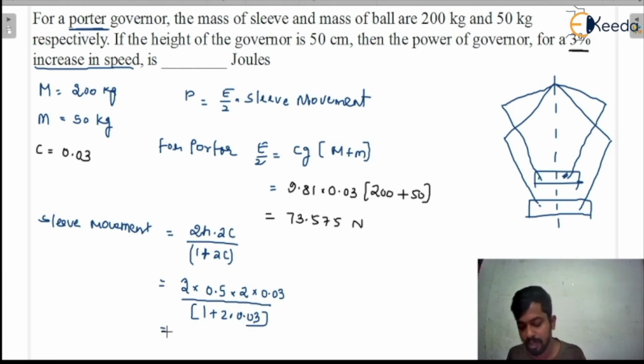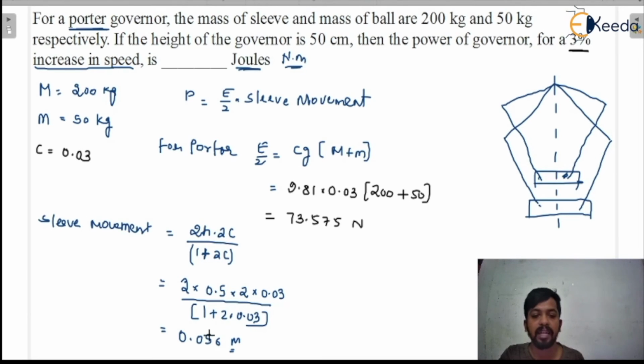Using a calculator, 2 multiplied by 0.5 multiplied by 2 multiplied by 0.03 upon that, you will get the value 0.056. This is in meter, because we have to calculate the power of the governor in terms of joule. Joule means Newton into meter.